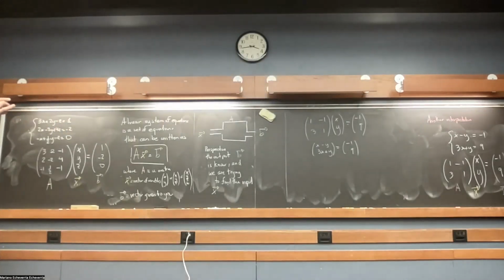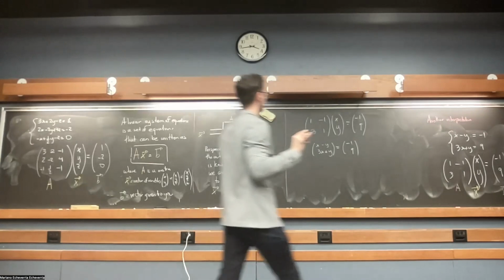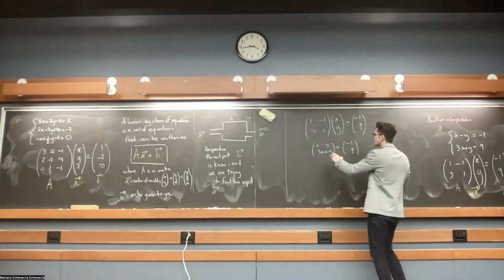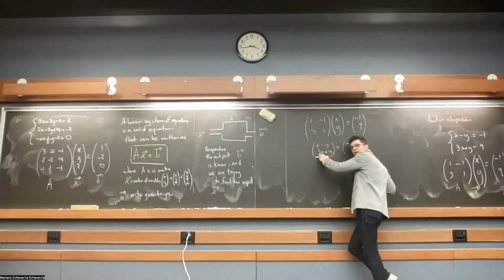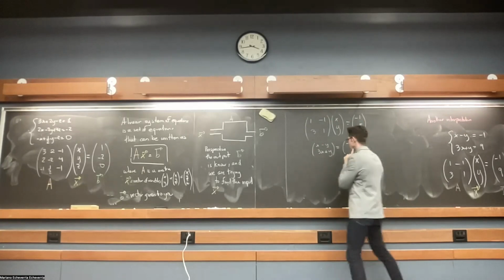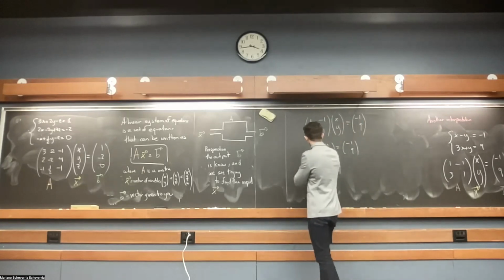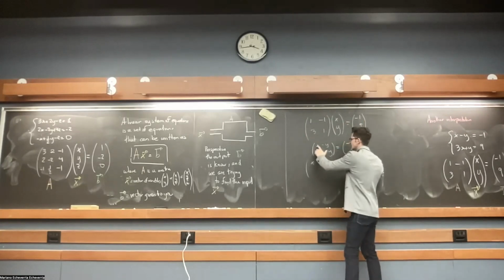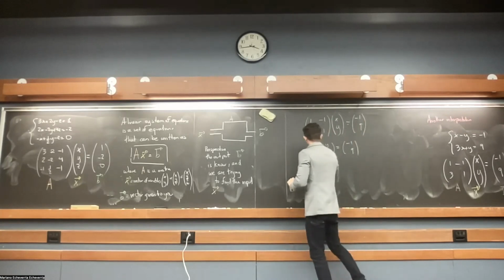But now I'm going to do something which looks a little bit odd, which is I'm going to break this vector into two pieces. One piece has everything that involves x, and another piece has everything that involves y. What's everything that has x? It is x and 3x.